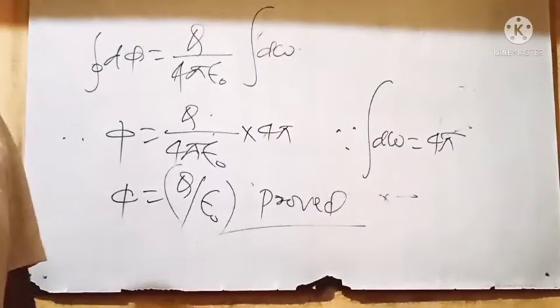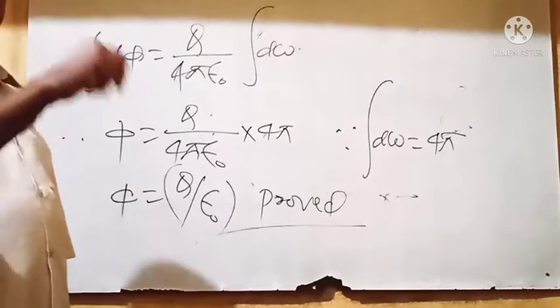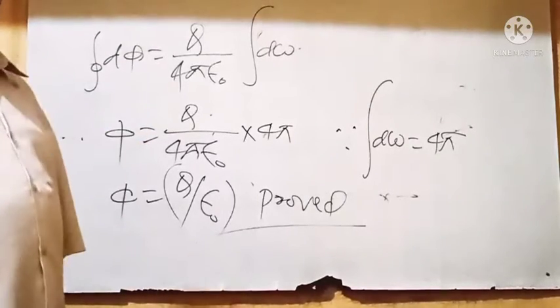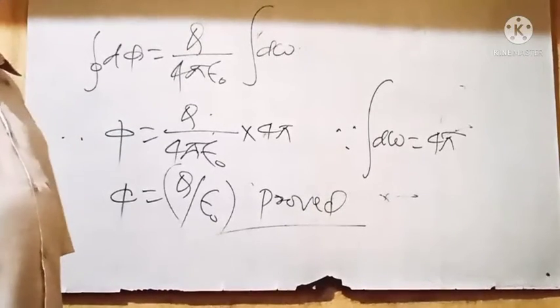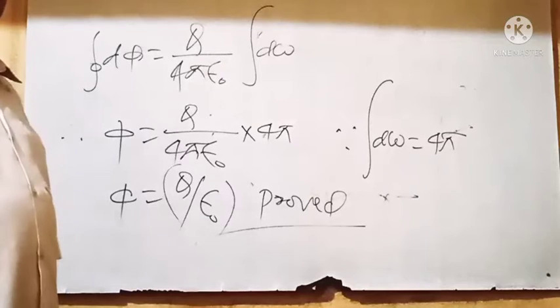If there is a charge out of the closed surface, no electric flux passes through that closed surface. We will take a concept. What is that concept?